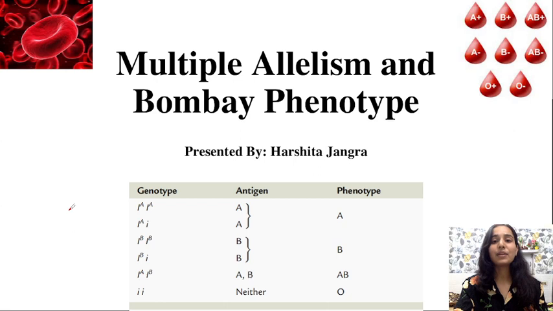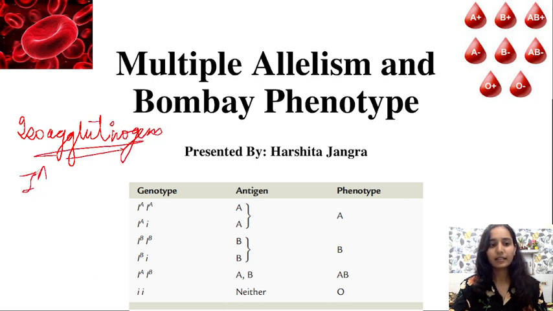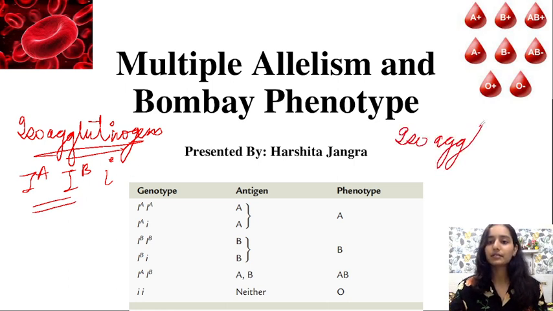Taking the example of the ABO blood group, we know there are some antigens present on the RBC cell surface, and those antigens are isoagglutinogens. These are IA, IB, and small i. There are also antibodies present, known as isoagglutinins.